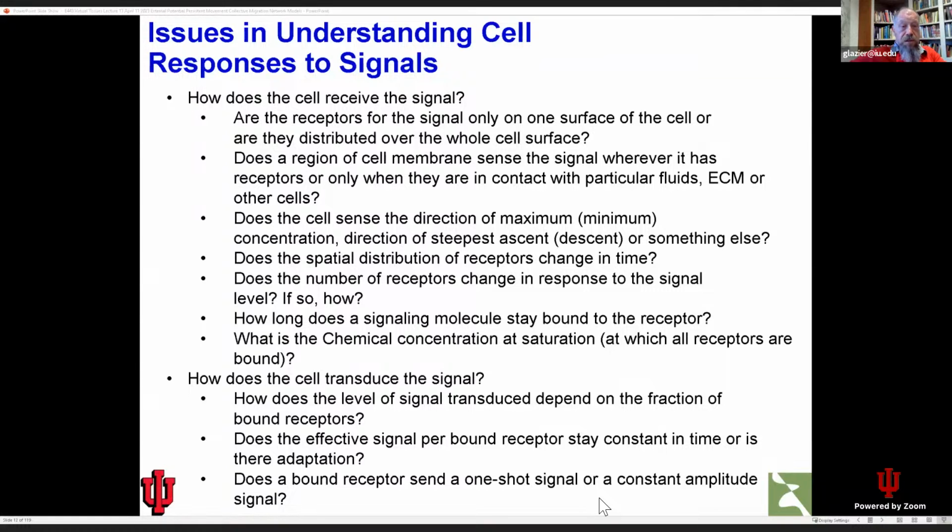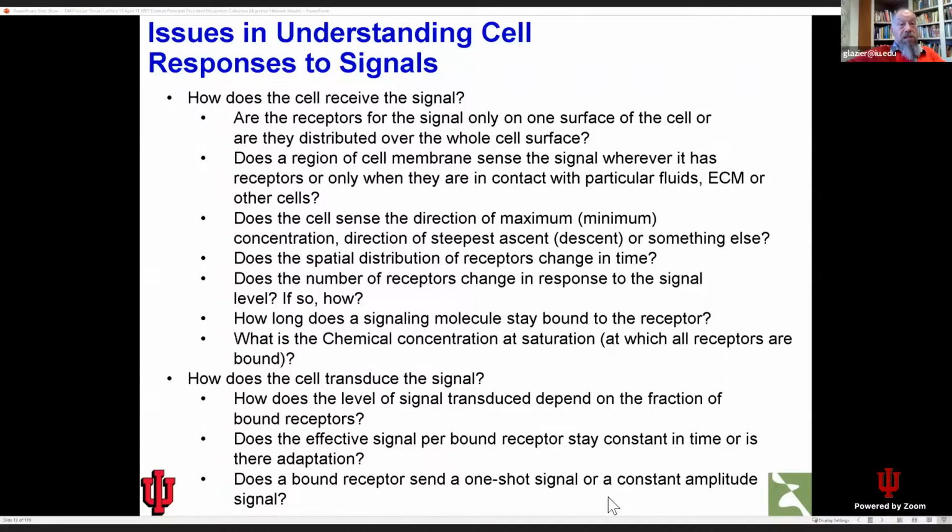For example, endothelial cells that we worked with last week often will only sense vascular endothelial growth factor if it's actually bound to the extracellular matrix. What is it that the cells are actually sensing? The direction of the highest concentration, the direction of steepest change, or something else.